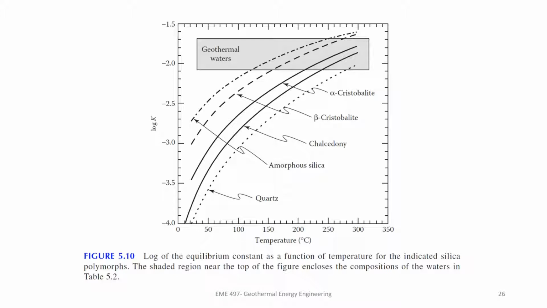Under dry conditions, alpha quartz is stable from surface conditions up to 573 degrees Celsius, and at that temperature, it transforms to beta quartz, and above 867 degrees Celsius, tridymite is the stable polymorph of silicon dioxide.